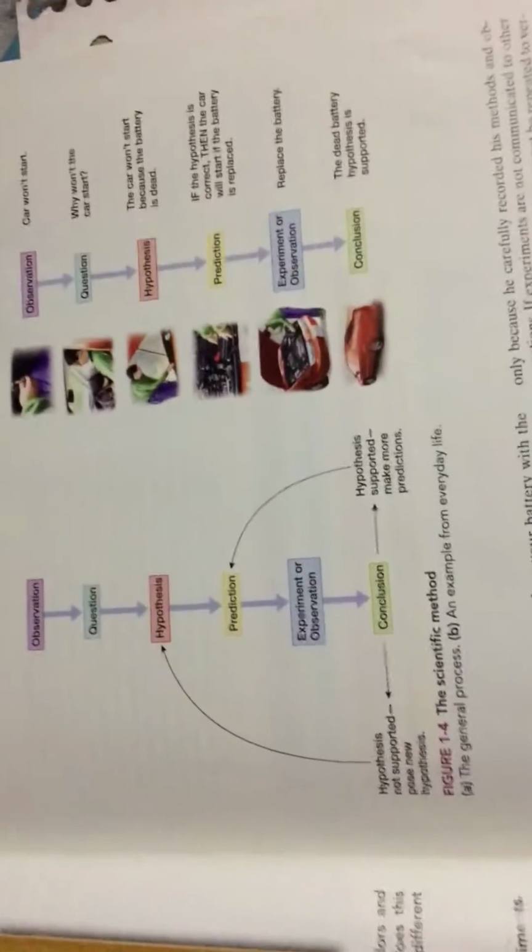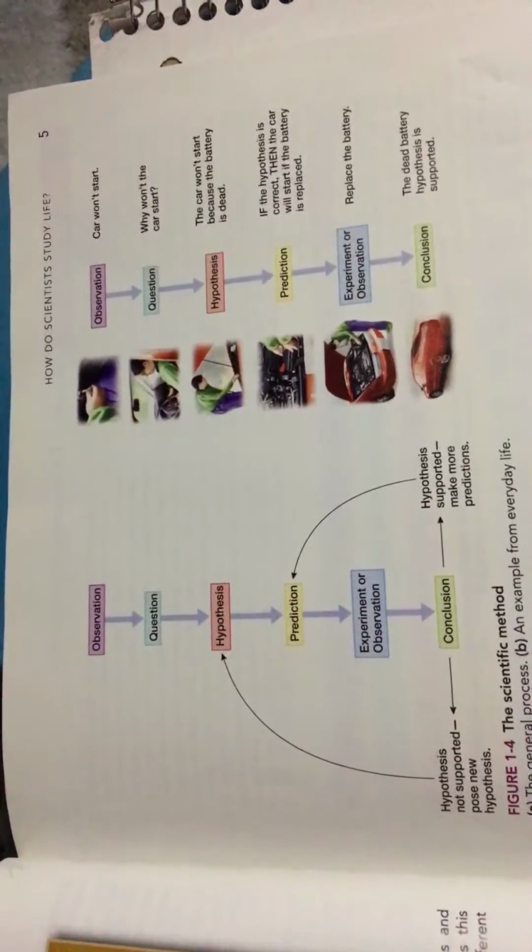And the scientific method, most people go over this in middle school or high school chemistry or science class. Basically, it's just a method explaining how something can be found out scientifically. Here's a pretty basic example of that.